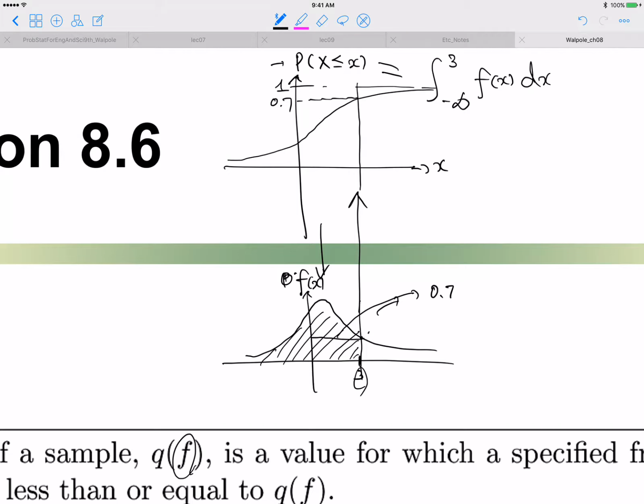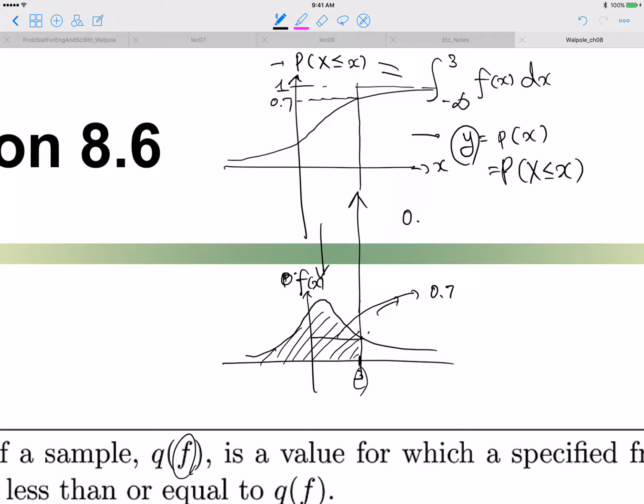Okay? And then you guys know this meaning of CDF, and we can also think about the inverse relationship. So we now give the y value.